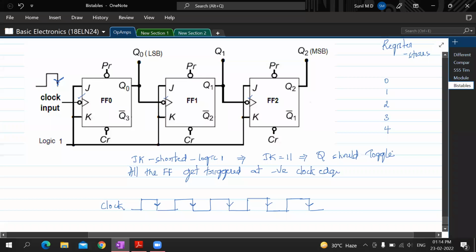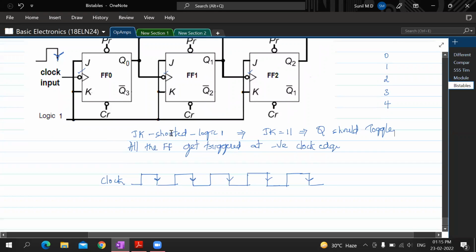Now understand. To begin with, let's assume all Q0, Q1, Q2 are having the values 0, 0, 0. How can we make that? If you can short this and apply 0 to this clear pin, it will clear all the outputs and it will be 0, 0, 0.